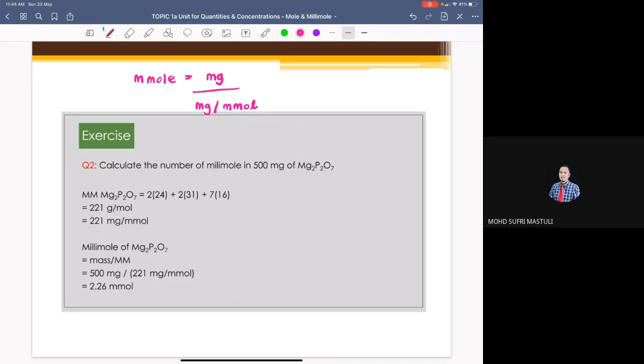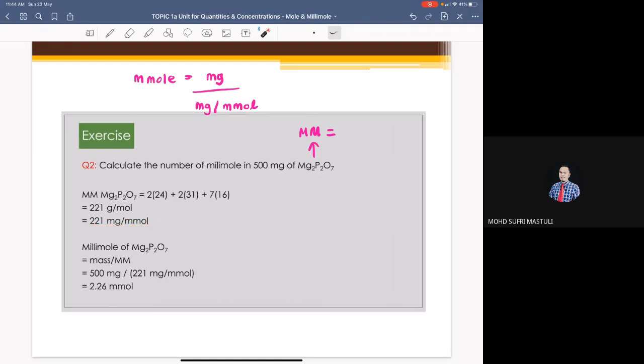So first, you have to calculate the molar mass of this substance. You can refer to the periodic table. So magnesium, 2 magnesium times 24, phosphorus 31 times 2, oxygen 7 oxygen atoms times 16, and then you can obtain 222 gram per mole, or even you can write it 222 milligram per millimole.